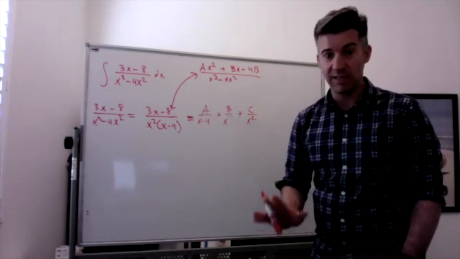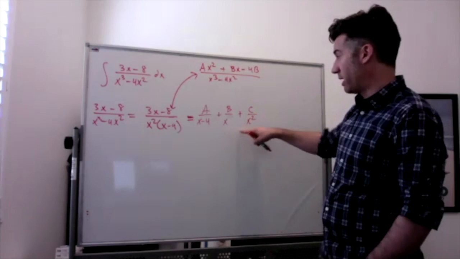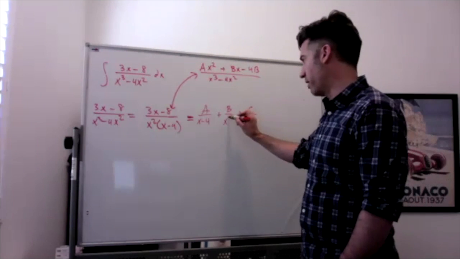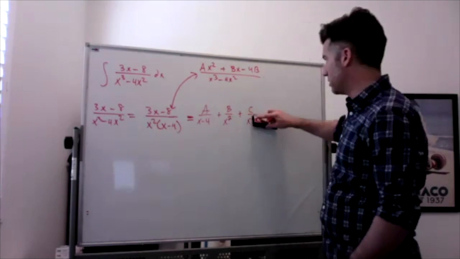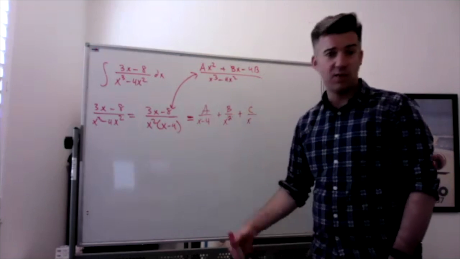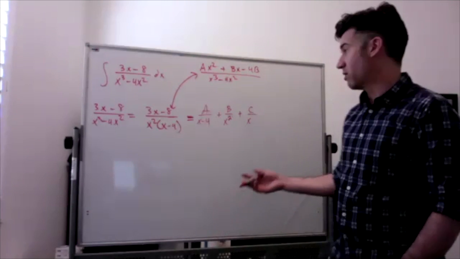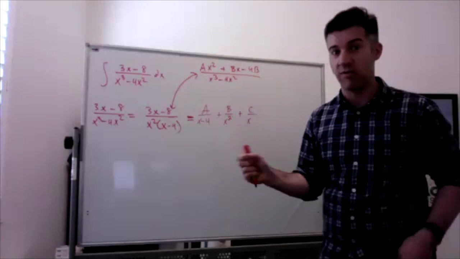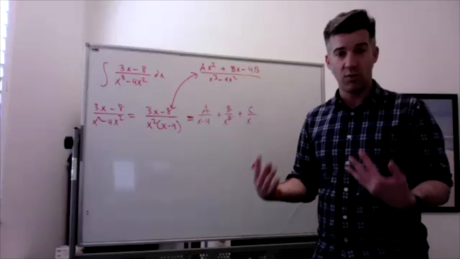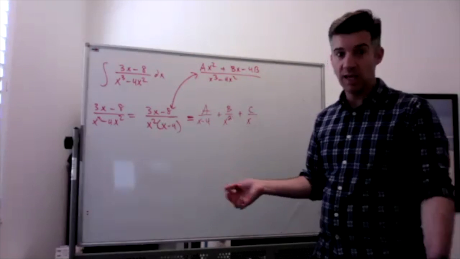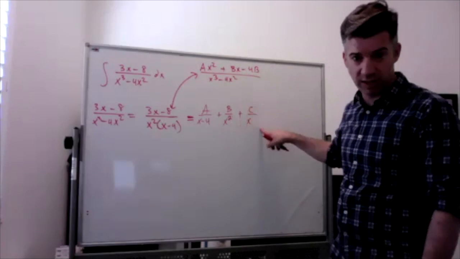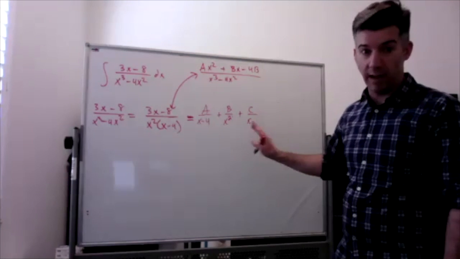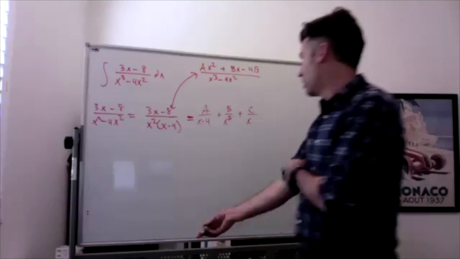But it literally doesn't matter if you write b over x and c over x squared, or b over x squared and c over x. It's still the same work. Your way of writing it might just look slightly different than someone else's, but your final answer, assuming you've done the work correctly, should be the same as anyone else's. So it does not matter which order you write them in.